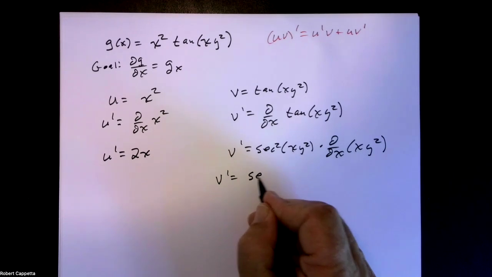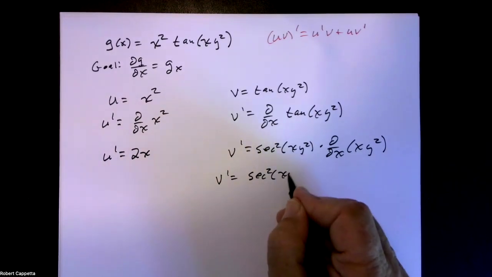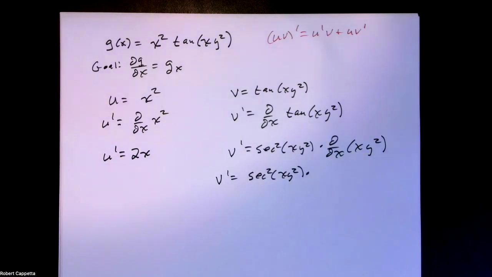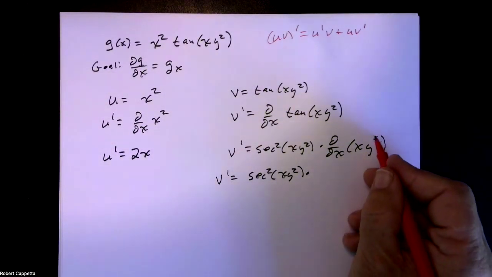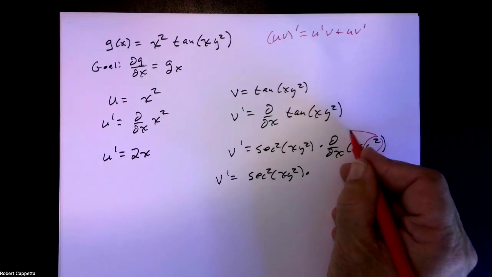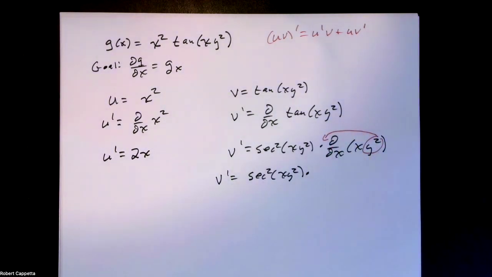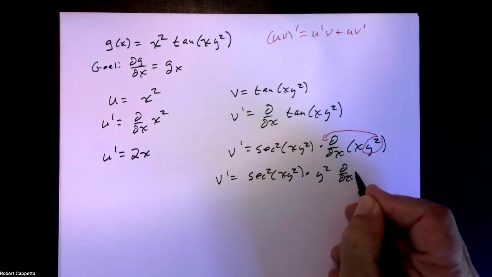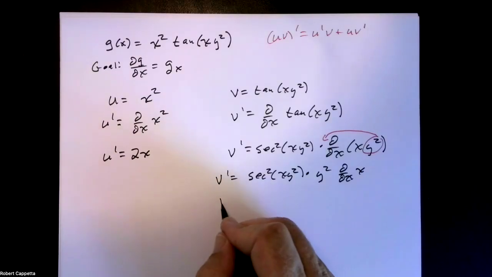Secant squared xy squared times, now x is perceived as the variable. y squared is perceived as a constant. That comes in front of the derivative operator. So we get y squared times the partial with respect to x of x.